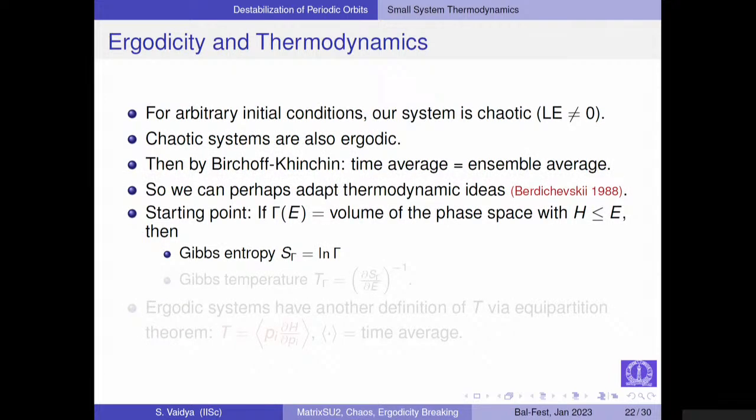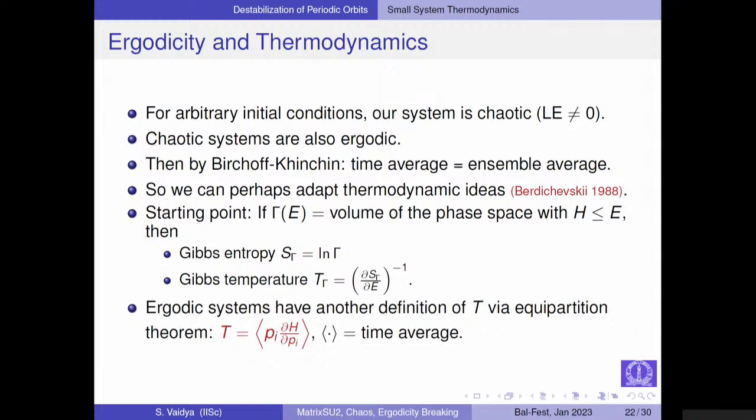So the third point: I told you about the monodromy matrix, the Lyapunov exponents, and now about small system thermodynamics. The idea basically comes from the observation that for arbitrary initial conditions, our system is chaotic. And chaotic systems are also ergodic.